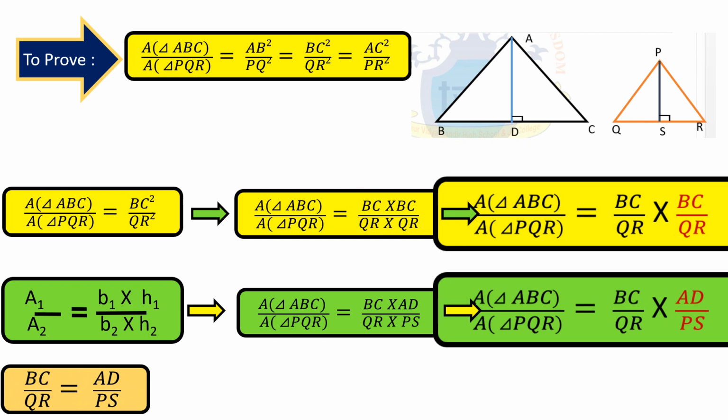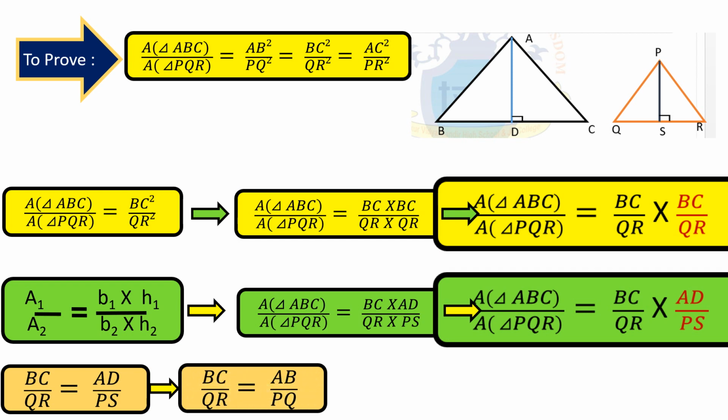See, we know something regarding these two triangles. Yes, we know they are similar. And when we know two triangles are similar, what do we know regarding the ratio of their corresponding sides? Right, they are in proportion. That means BC upon QR is equal to AB upon PQ.